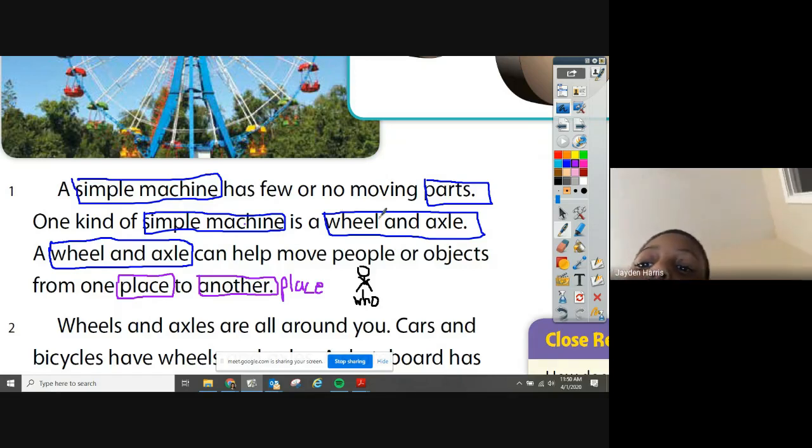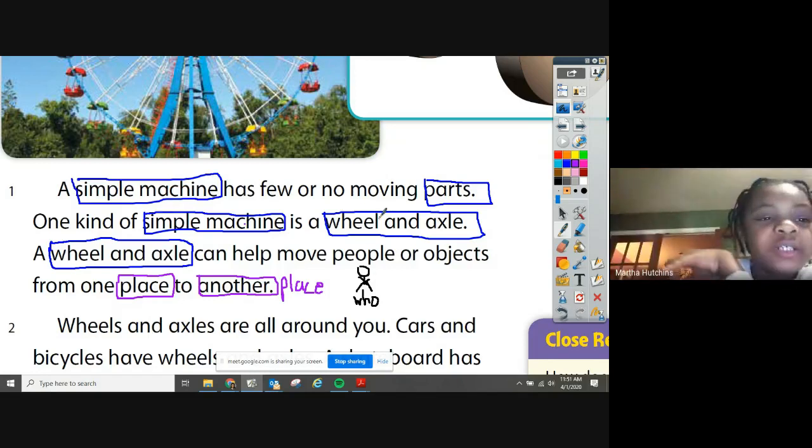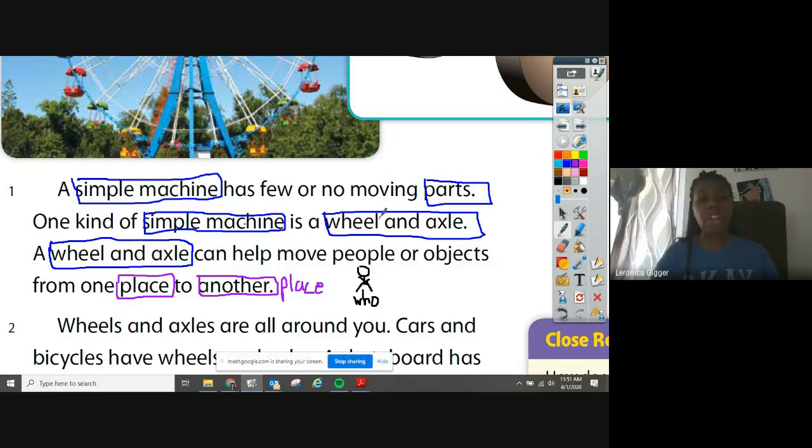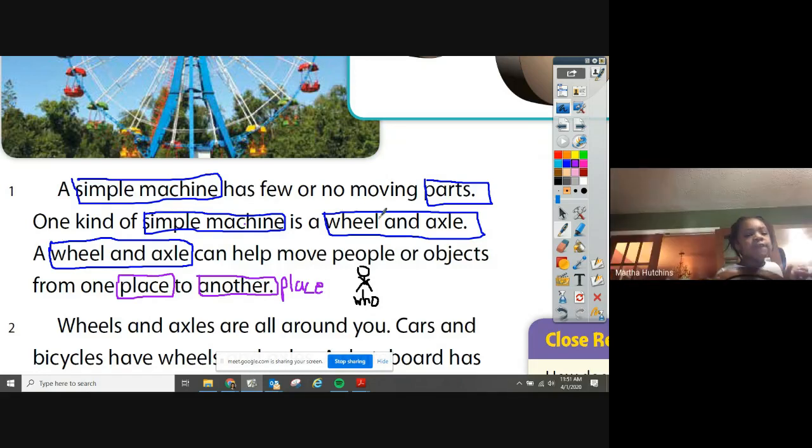A wheel and axle can move people or objects. But I asked, what is a simple machine? You tell me about what a wheel and axle is. One kind of simple machine is a wheel and an axle. But that's one kind. I want to know what a simple machine is. A simple machine has few or no moving parts.